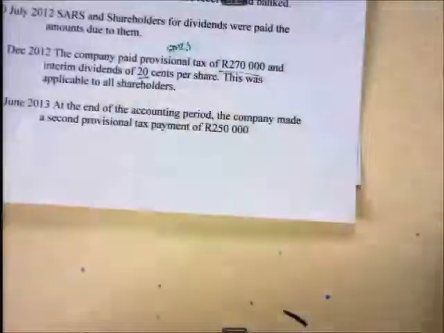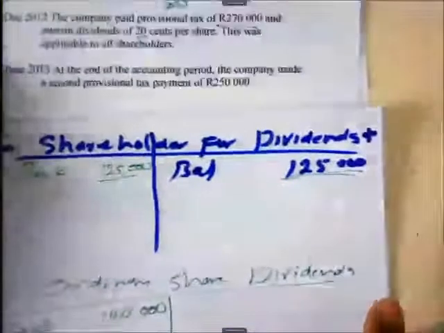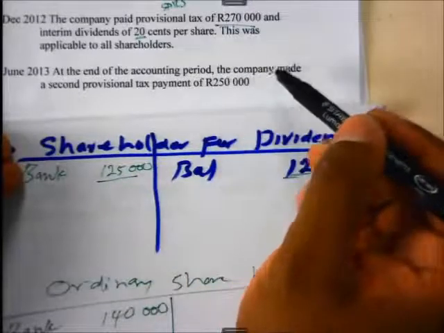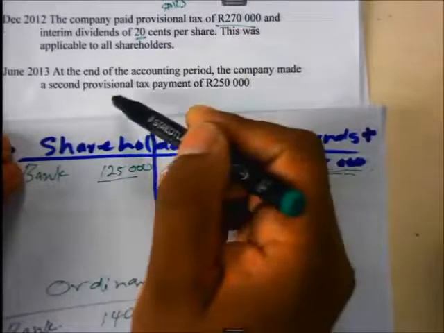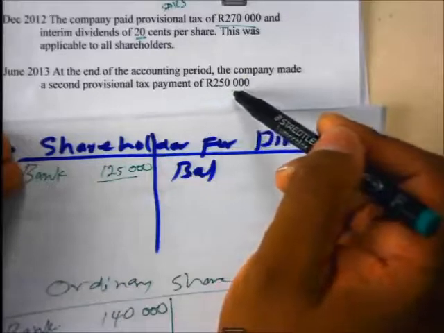Right. Then we go to our next transaction. They say at the end of the accounting period, the company made a second provisional tax payment of 250,000.